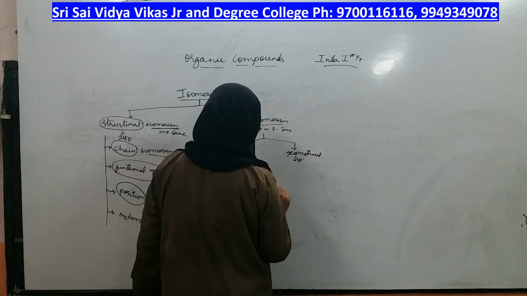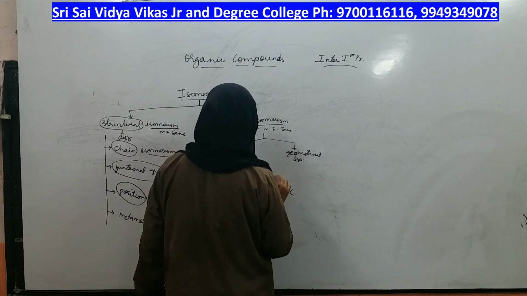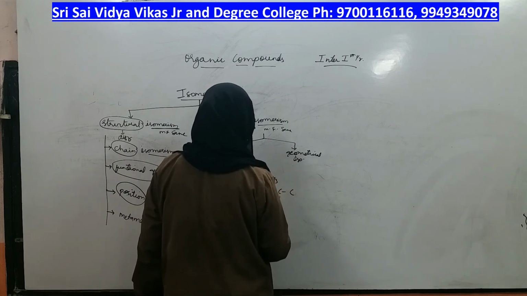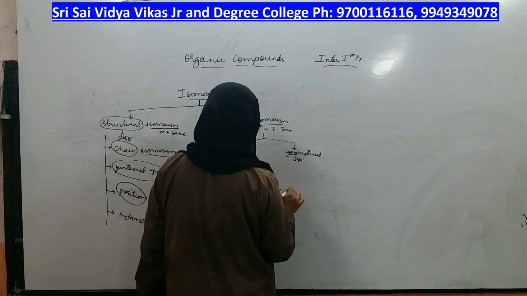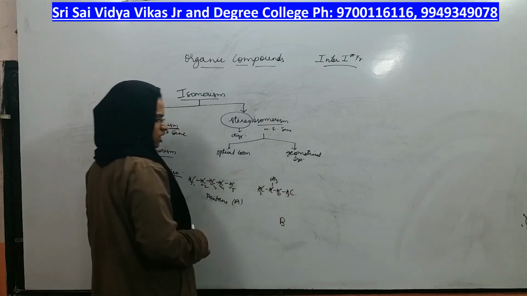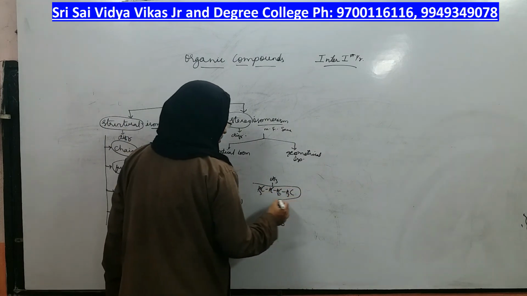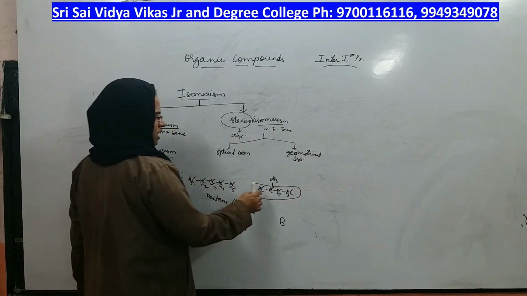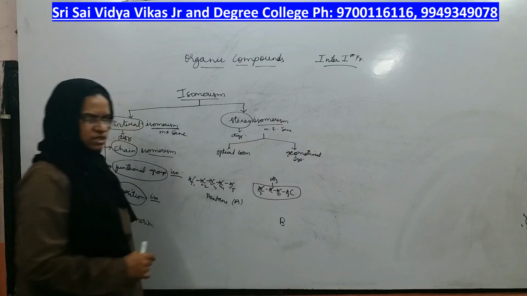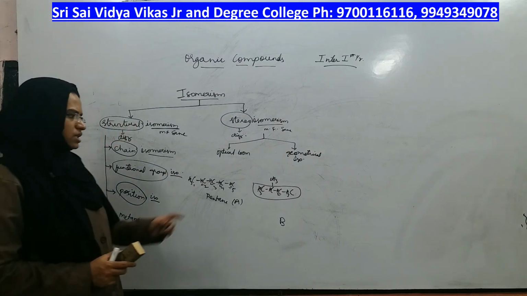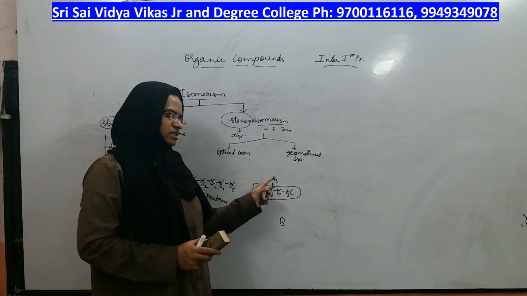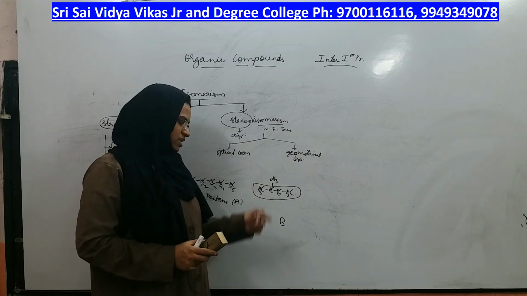Now I will write compound B, in which the total carbons are 5 only. How many carbons are present in total? 5 only. But in the longest carbon chain there are only 4 carbons, and the extra 5th carbon is added as a substituent or a branch.